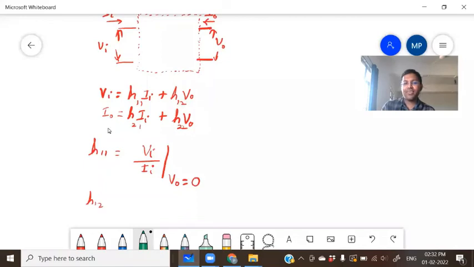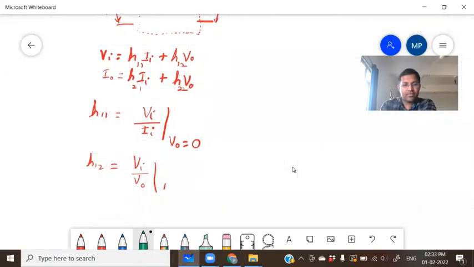Cross multiply this V0 to the other side. So H12 is Vi by V0 when II is 0.